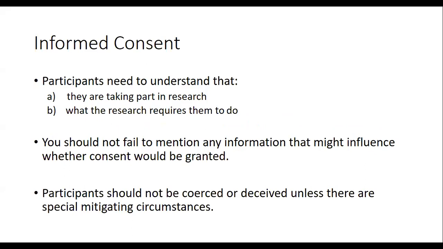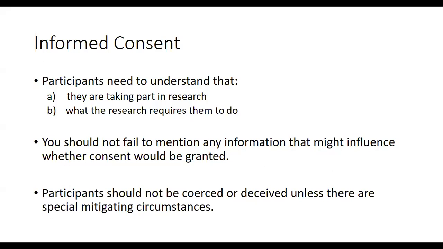So the first one is informed consent, which means that whenever you are collecting data, whether it is secondary data or primary data, you need your sources and your participants to give you their consent in taking part in that research, either by offering data or by filling your questionnaire or supplying your information, okay?